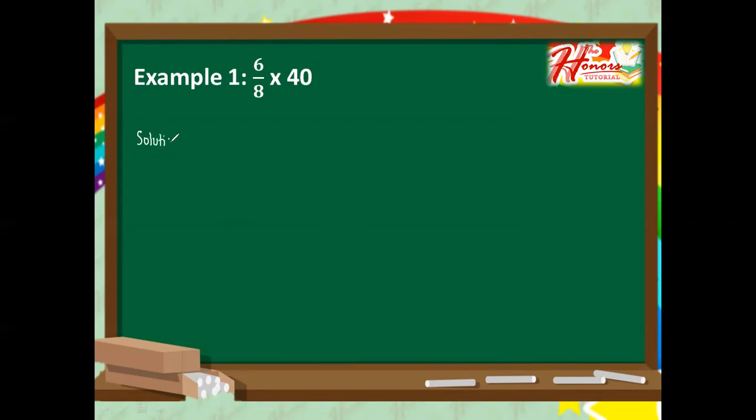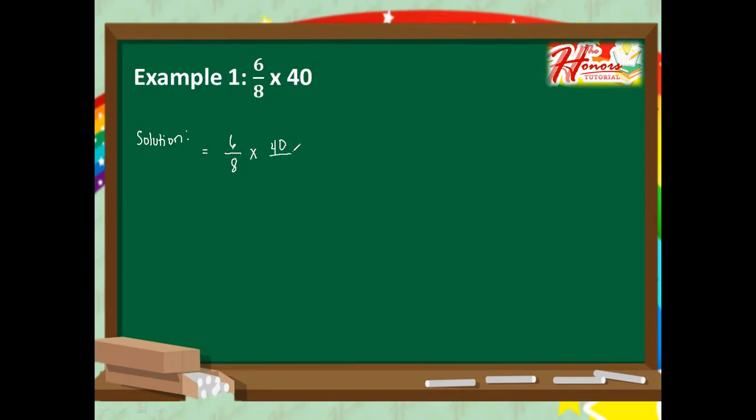Solution. We have here the given. Let's copy it. 6 over 8 times 40. To avoid confusion, please change 40 into a fraction. So how are we going to do that?